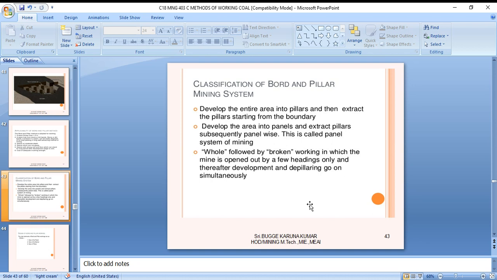Three headings or five headings are also used. Two intakes and one return are sometimes used, depending on the exposures of the board and pillar.